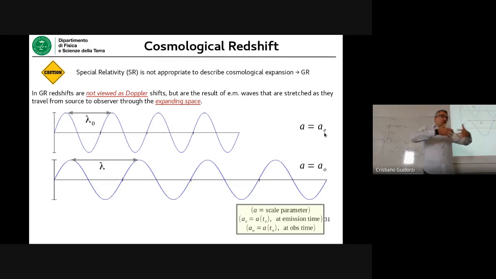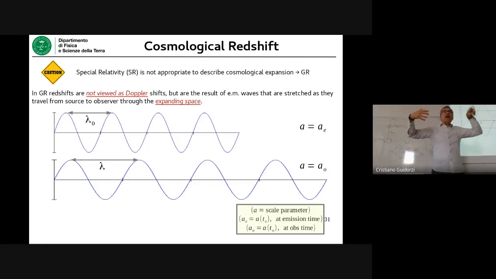Now, while the photon is traveling to finally reach us, the universe goes on expanding. So the space-time itself expands. It's stretching, all the space-time in between. All the space-time between our own galaxy and the galaxy which emitted the photon is stretching.